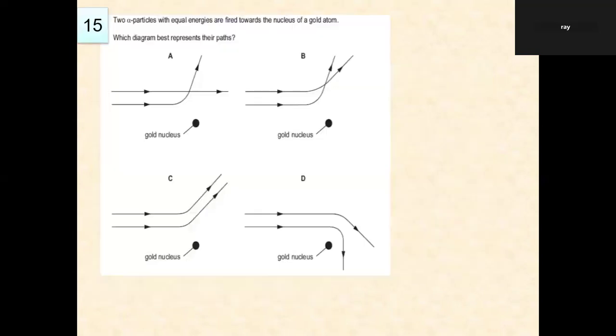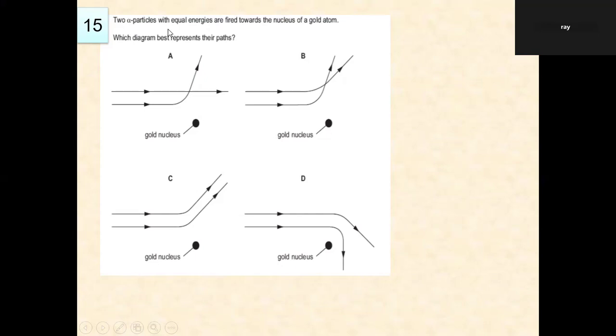What is the answer for this one? Number 15. I think it's C. C, is it? No. This one goes straight through if it's far away.